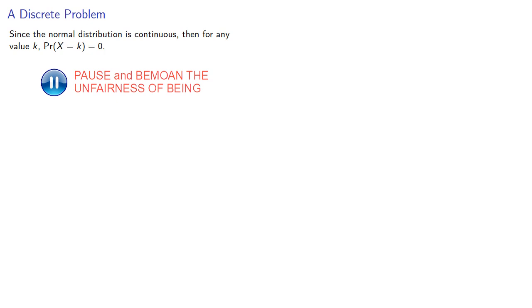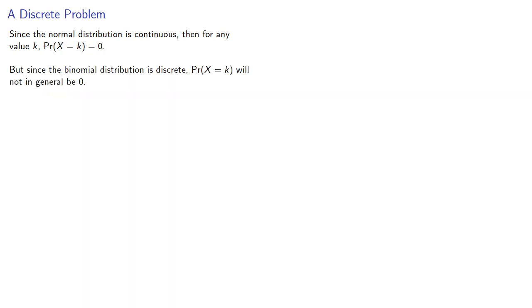Now, there is one problem we run into. Since the normal distribution is continuous, then for any value k, the probability x is exactly equal to k is 0. But since the binomial distribution is discrete, the probability x equals k will not, in general, be 0.